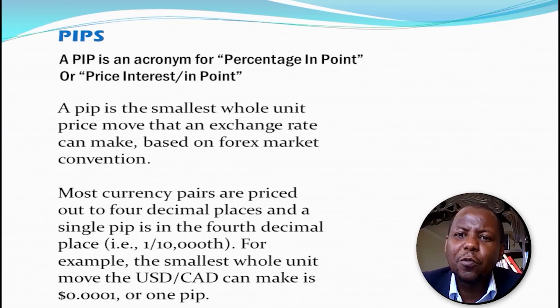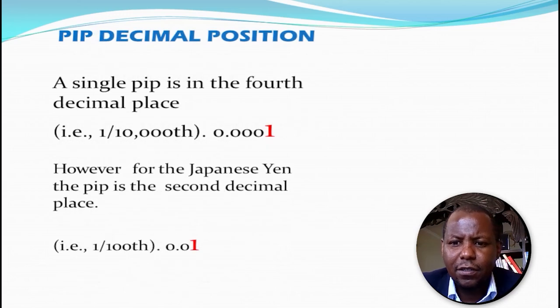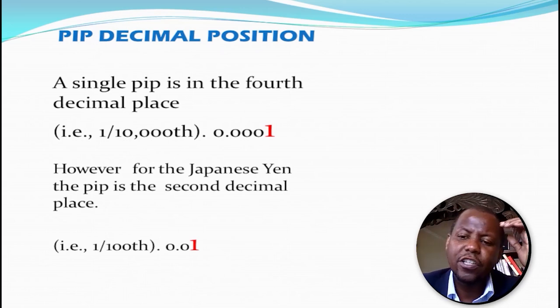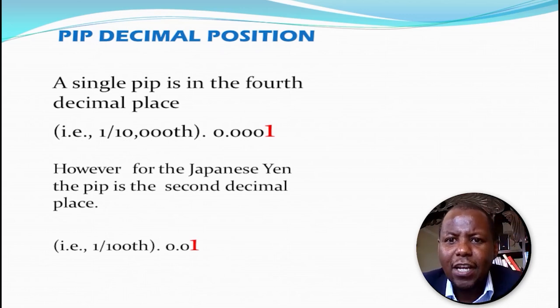So a pip is the smallest whole unit price move that an exchange rate can make based on Forex market convention. Most currency pairs are priced, we've read that, and I've shown you an example with the platform. Now a single pip is in the fourth decimal place, like we saw.